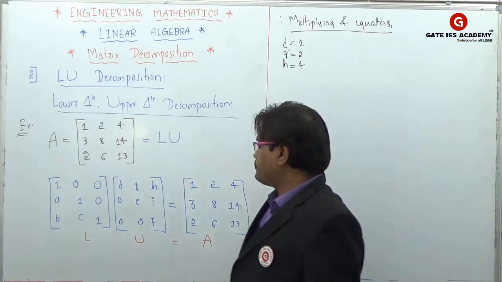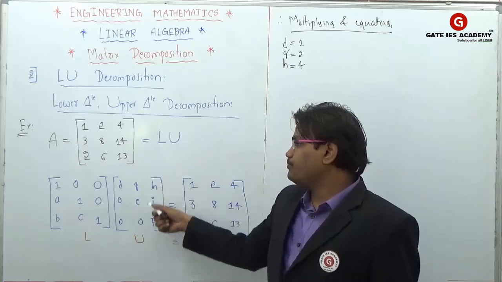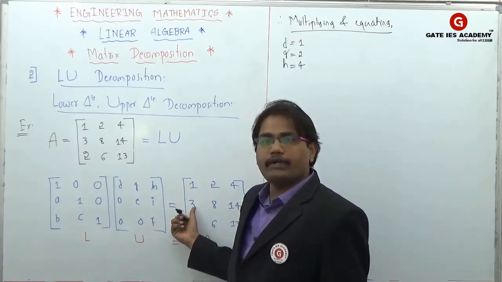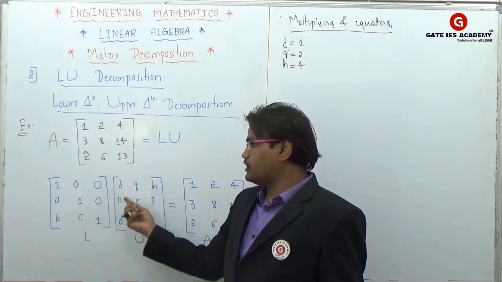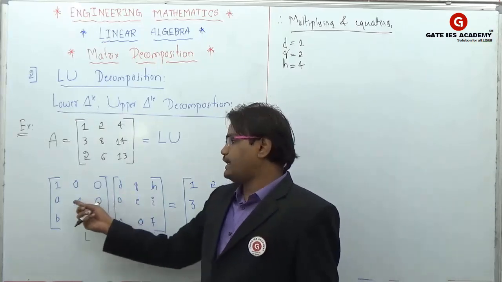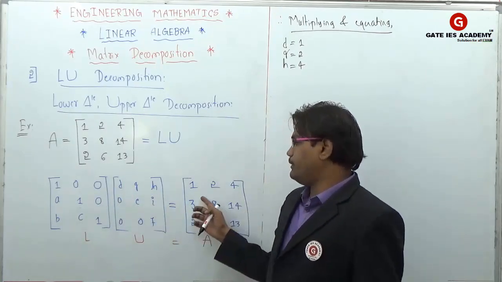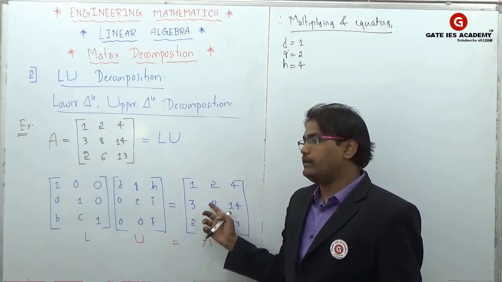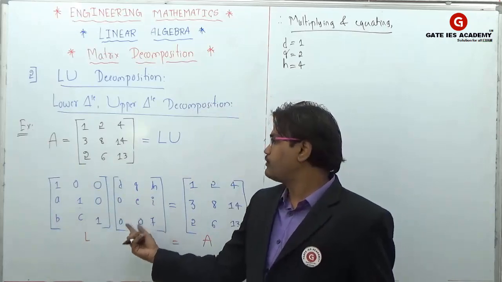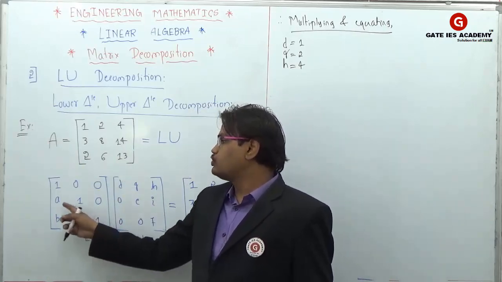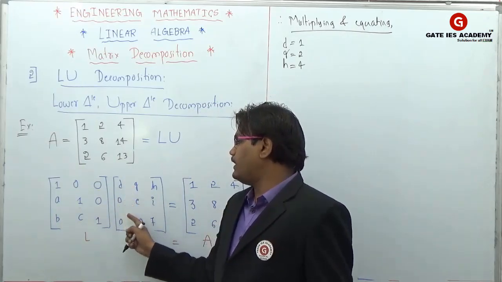Next, the second row, first column element, 3. I multiply the second row of L, which is A, 1, 0, with the first column of U, which is D, 0, 0.